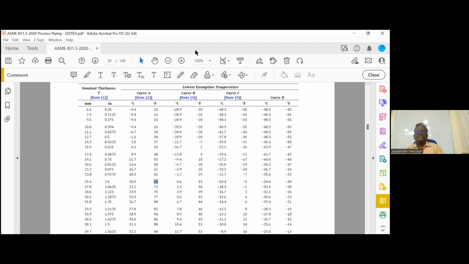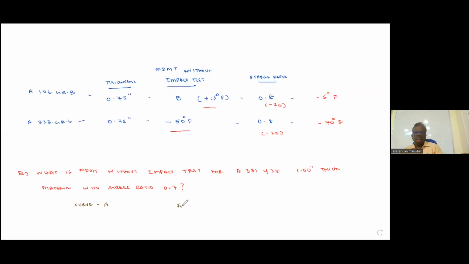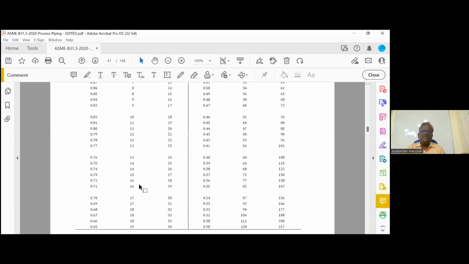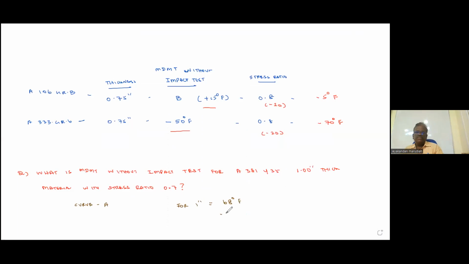For 1-inch it is 68 degrees Fahrenheit. Now what is the stress ratio I have given? 0.7. Okay, 1-inch 68, correct. So for 0.7, what is the answer? 30. So minus 30. So the answer is plus 38 degrees Fahrenheit. That is the answer.